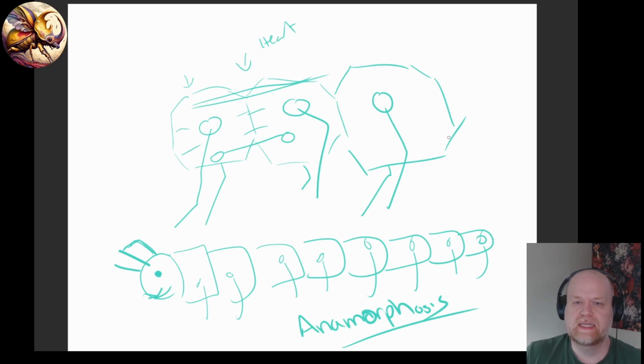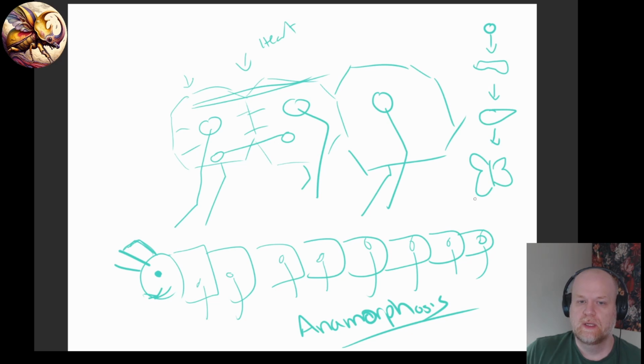In anamorphosis, instead of going from egg to larva to pupa to adult, you have a general body shape, and you tack on more and more segments as you go through molts.